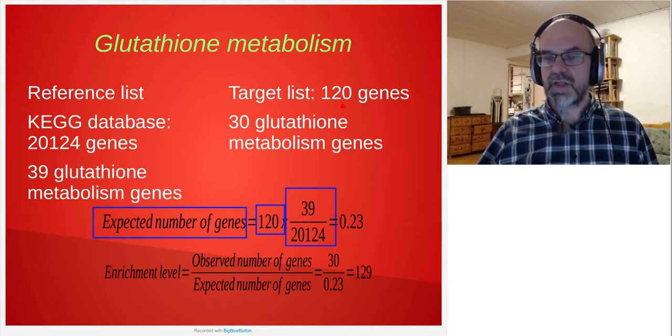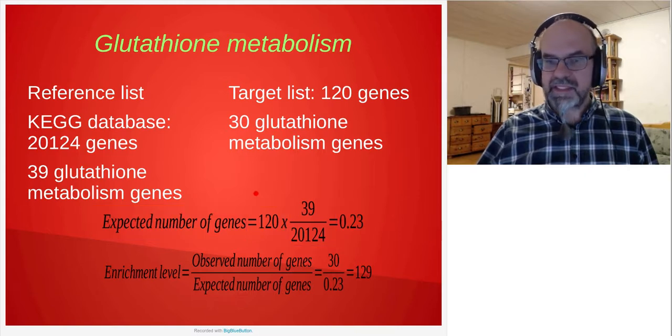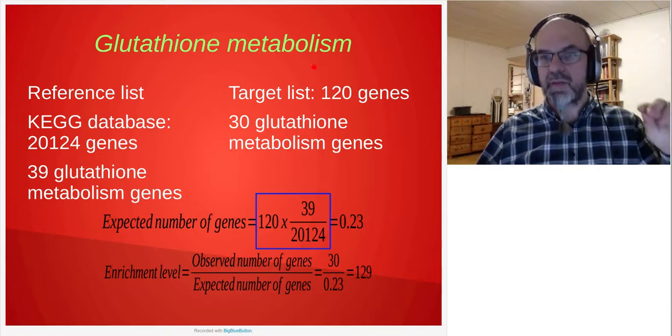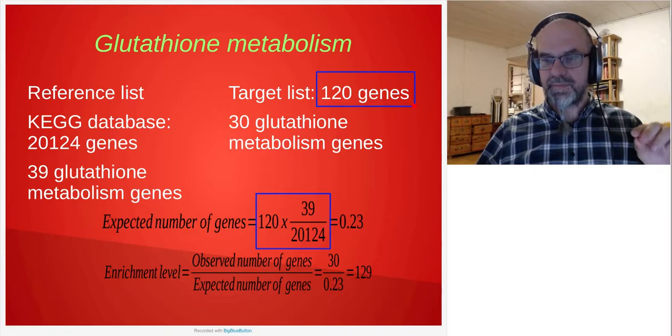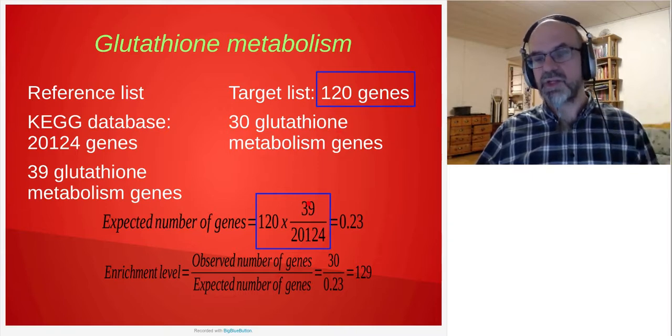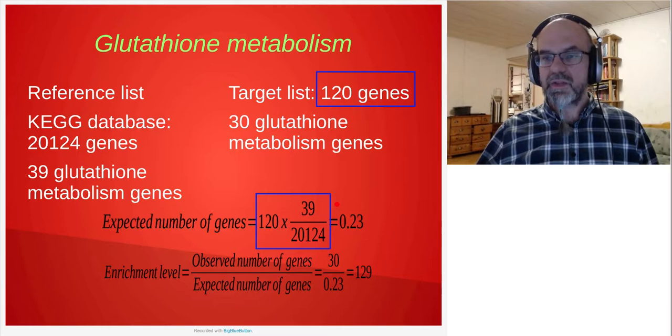There are 120 genes on your list. So this simple calculation tells you that a randomly selected 120 genes from the human genome background contain approximately 1/4, so less than one, glutathione metabolism gene.